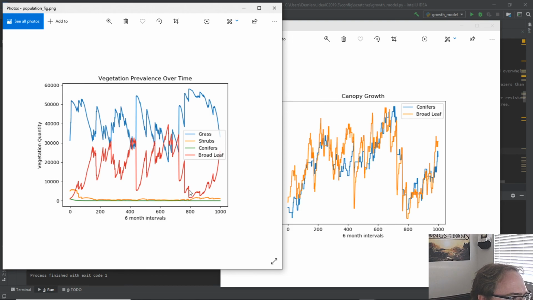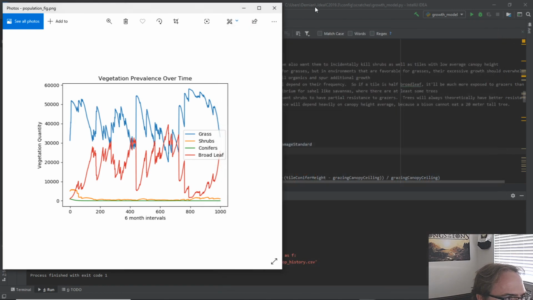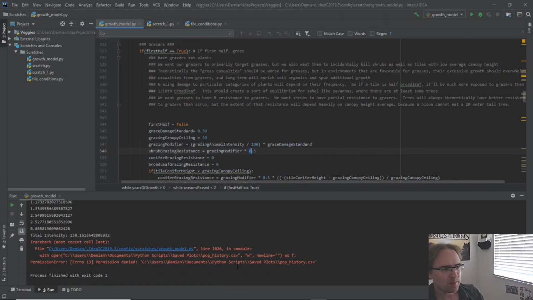See, this is what I would expect the numbers to get stuck down here. What's supposed to happen is we have an event in which the canopy gets low enough that grazers should just wreck it. Maybe we just need that effect to be more pronounced. It's a bit too gradual, probably.